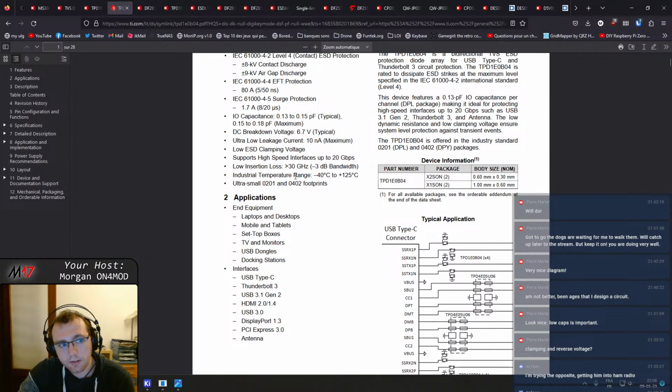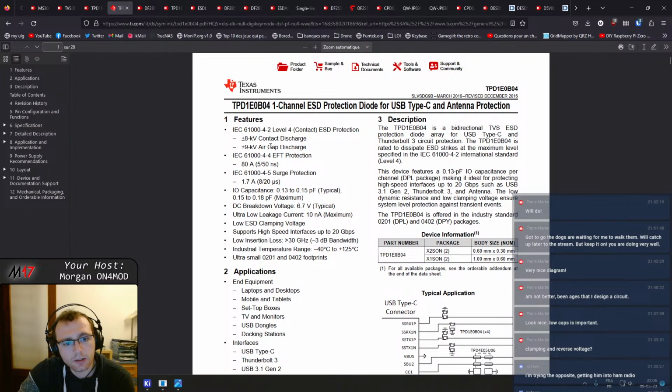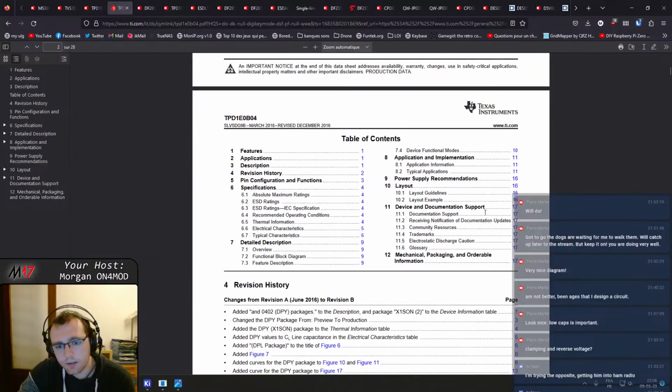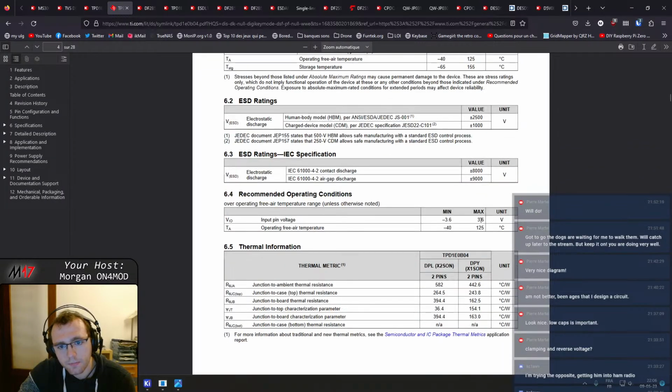Okay, so these seem to be used for very high speed signals. Okay, so this is interesting.